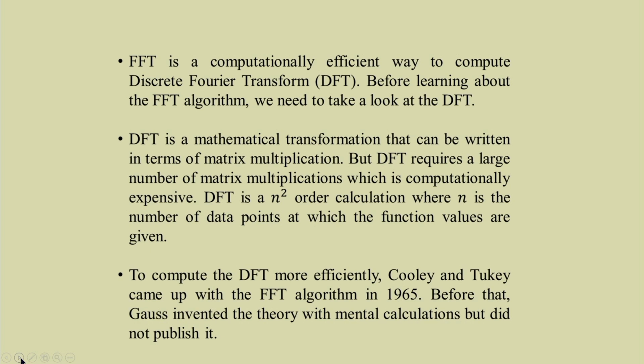DFT is an n square order calculation, where n is the number of data points at which the function values are given. To compute DFT more efficiently, Cooley and Tukey came up with the FFT algorithm in 1965. Before that Gauss invented the theory, but it was not published.